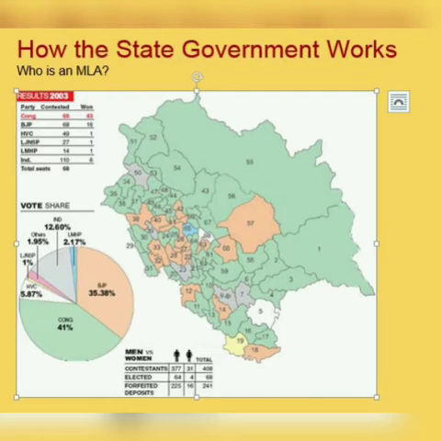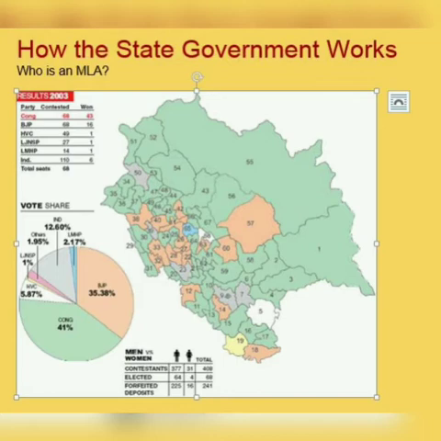From each constituency, the people elect one representative who then becomes a member of the Legislative Assembly. He becomes an MLA. You would have noticed that people stand for elections in the name of different parties, like some from Congress, some from BJP, some from AIUDF, etc. These MLAs therefore belong to different political parties.